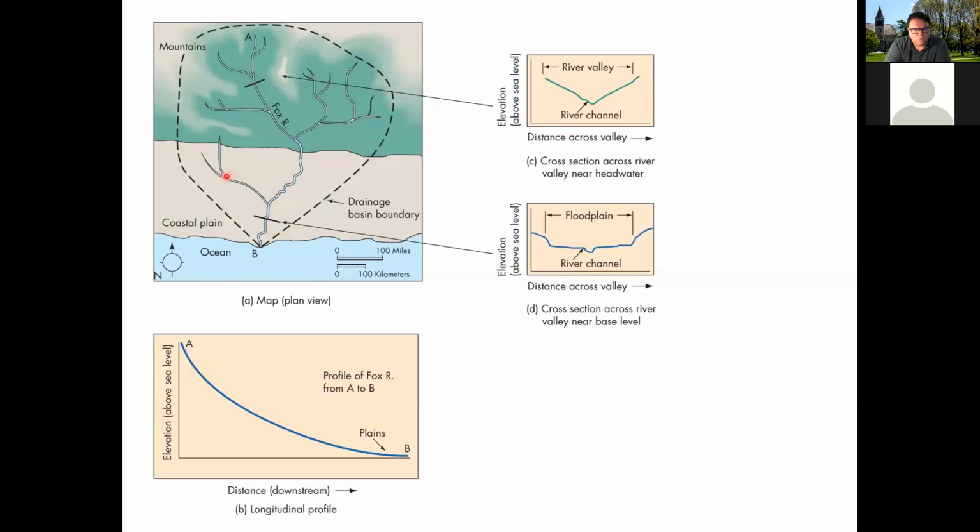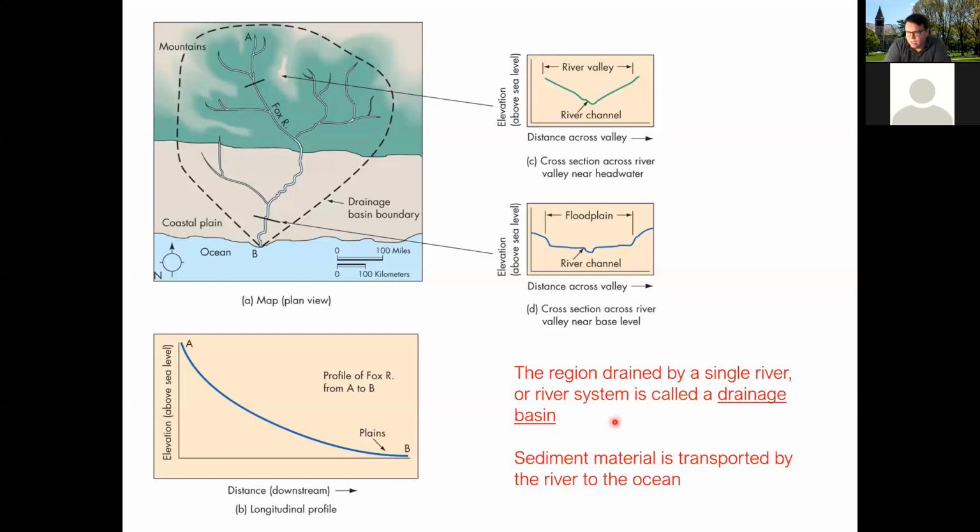It covers both coastal and mountain areas, meaning it encompasses both alluvial and bedrock rivers. So often the same river can have different properties in different areas as well. The key thing here is that the region drained by a single river or river system is called a drainage basin. We'll talk about drainage basins in a second.